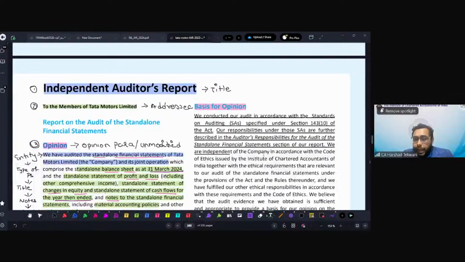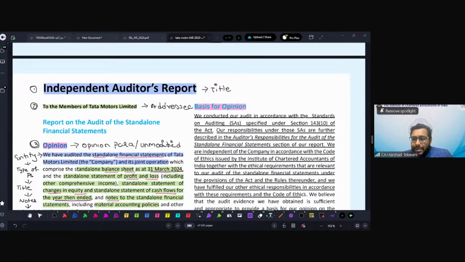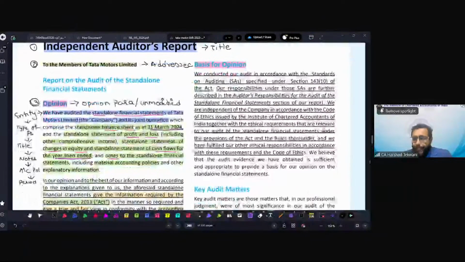We are independent of the company in accordance with the Code of Ethics issued by ICAI, together with the ethical requirements that are relevant to our audit of the standalone financial statements under the provisions of the Act and rules thereunder, and we have fulfilled our other ethical responsibilities in accordance with these requirements and the Code of Ethics. We believe that the audit evidence we have obtained is sufficient and appropriate to provide a basis for our opinion on the standalone financial statements.